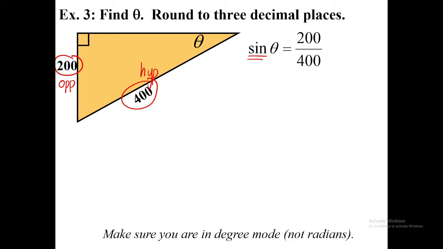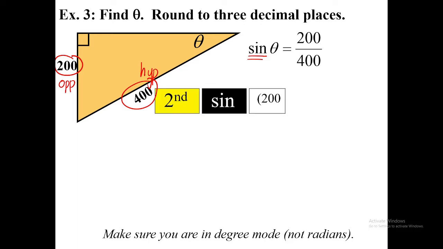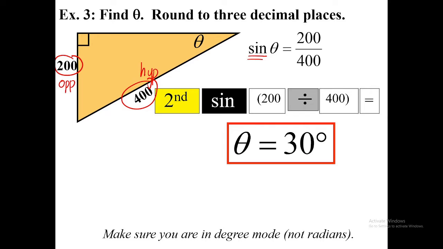Yes, sir. Yes, I am using the correct trigo function, which is sine. So, sine theta equals opposite 200 divided by hypotenuse 400. Now, using your calculator, please solve second function or shift, then sine, 200 divided by 400, close parenthesis. 30 degrees is the answer. That's totally right. Okay?